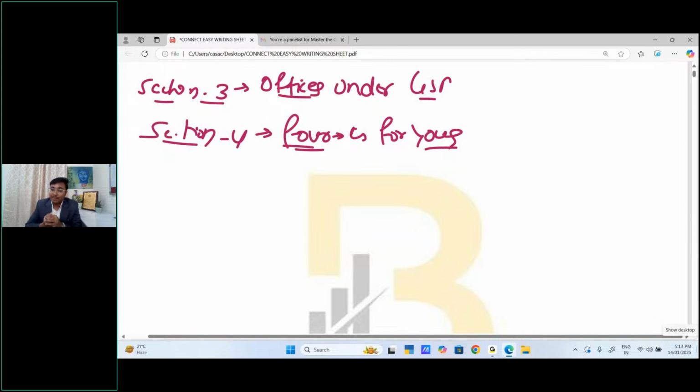The officers which have been prescribed in section number 3, section number 4 is for your, that is appointment of the officers. In this particular section, they have prescribed the mechanism of the appointment of the various officers under GST. So section number 4 is for your appointment. So this section is related to appointment of the officers.